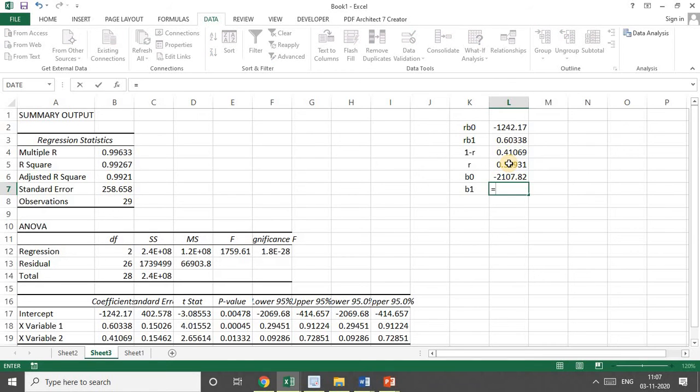Then what is beta 1? This is actually gamma beta 1. If gamma beta 1 is equal to 0.602, then dividing it by the gamma coefficient gives 1.02.